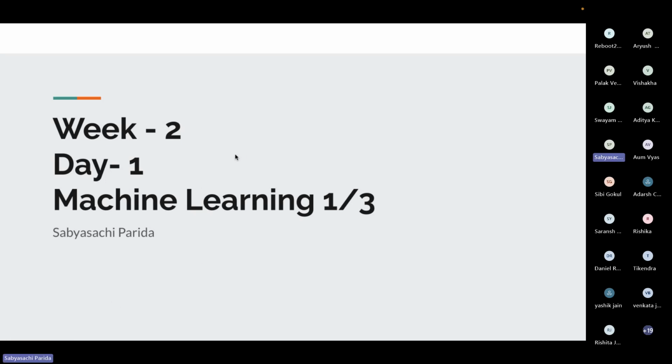So in this session, we will be covering the burning topic of machine learning and the various algorithms available in machine learning. It will be a three-part session. Today is session 1 of 3, wherein we'll cover some of the algorithms from machine learning, which are linear regression, logistic regression, and all those things.